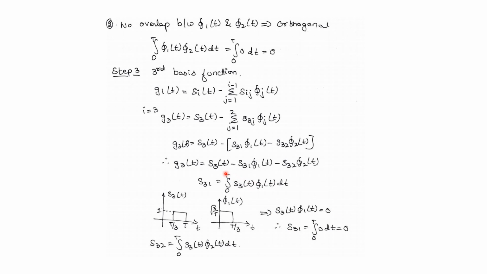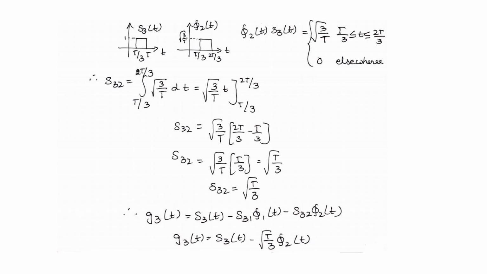In a similar way, I am solving for S32. Phi 2 of t we have solved. Multiplying these two equations, I am getting root 3 by t over the interval t by 3 to 2t by 3. Integrating the product of this signal, I am getting S32 as root of t by 3.